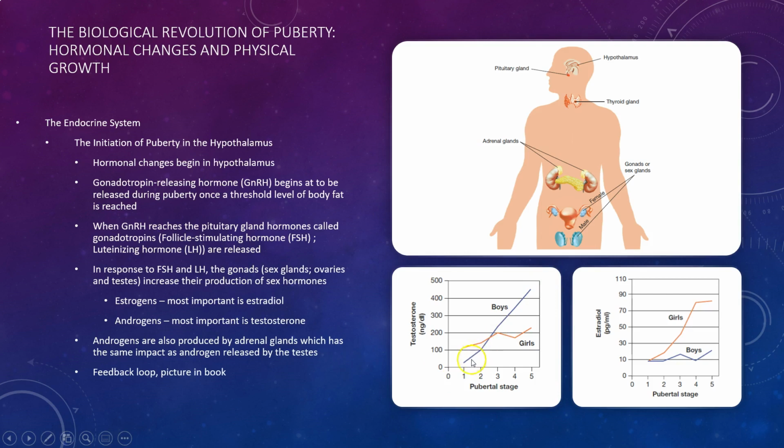And you can see here that in terms of testosterone and estrogen, girls and boys are fairly similar in the beginning of puberty in both of these hormones, but as puberty goes on, boys start to produce much more testosterone compared to girls, and girls tend to produce much more estrogen over time than boys.